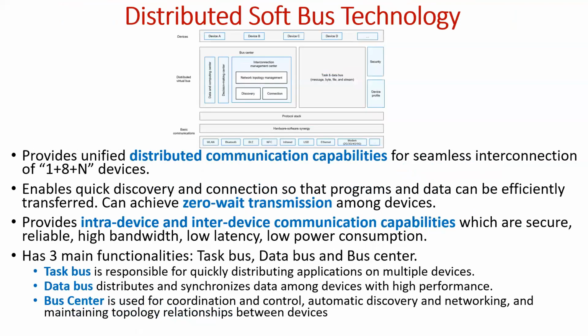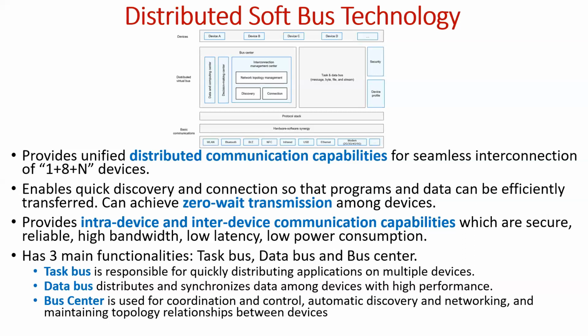So the first in this list is the distributed soft bus, where it provides communication capabilities between the devices that form the Harmony OS ecosystem, which will help in achieving the seamless interconnection of 1+8+N devices.